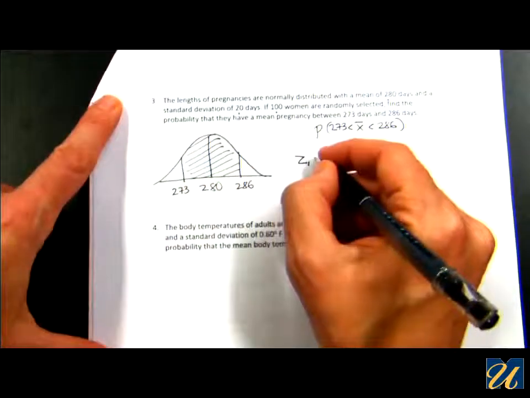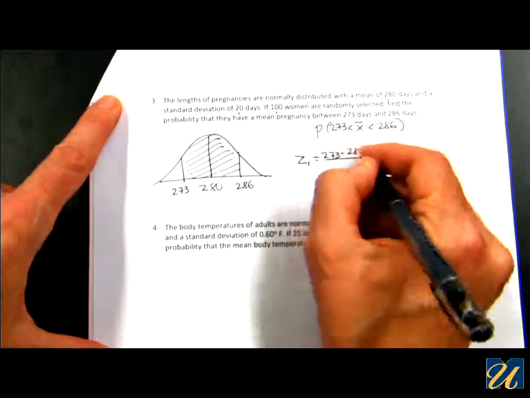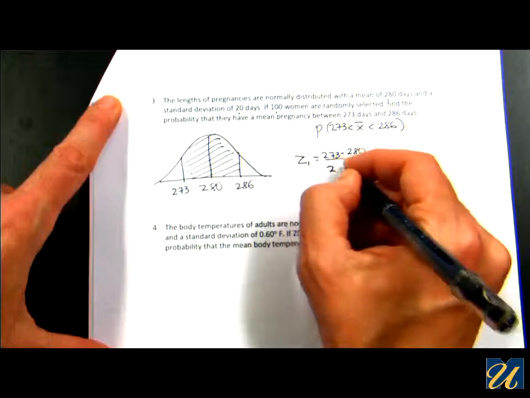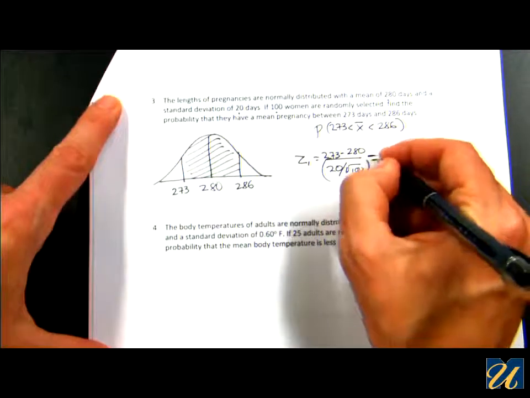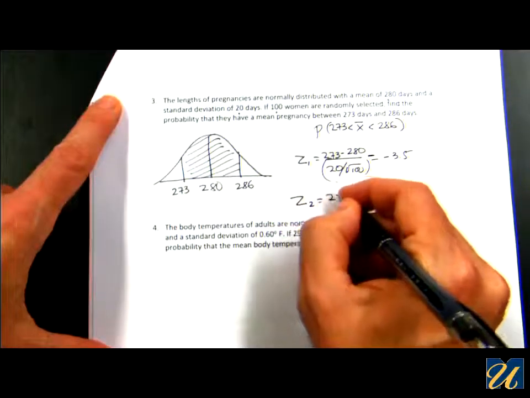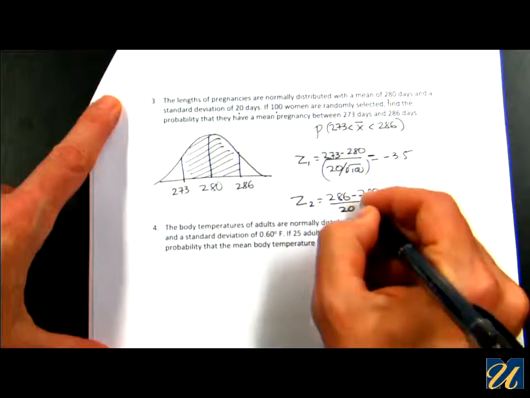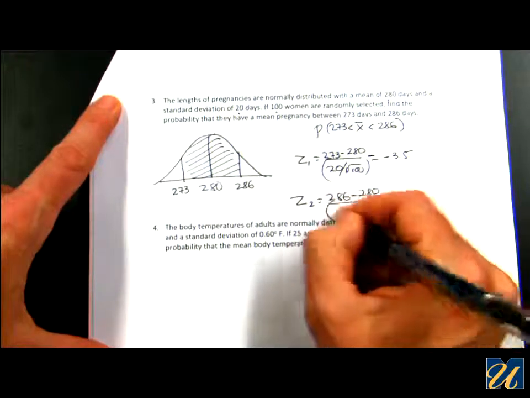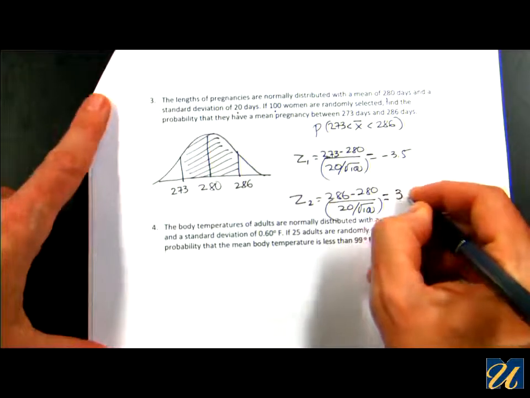Z1 for 273 will be 273 minus 280 over 20 divided by square root of 100, and this will be negative 3.5. Z2 will be 286 minus 280 over 20 divided by square root of 100. So this will be positive 3.